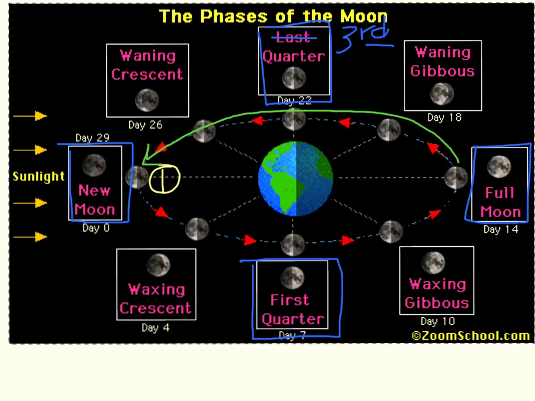Let's take a look back and see that trend again. Right here on our waxing crescent, we see that the lighter portion of the moon is on the right. That portion gets bigger, and here we now have a larger portion of light on the right side. That gets bigger, and now we have a much larger portion of light also on the right.